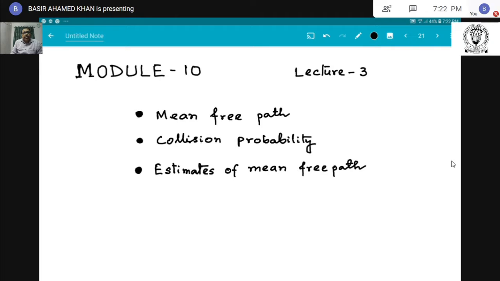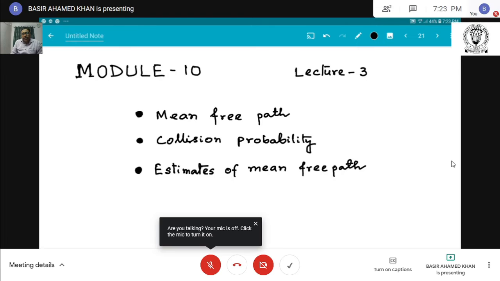And in lecture 2, I discussed degrees of freedom, the law of equipartition of energy, and the specific heats of gas.